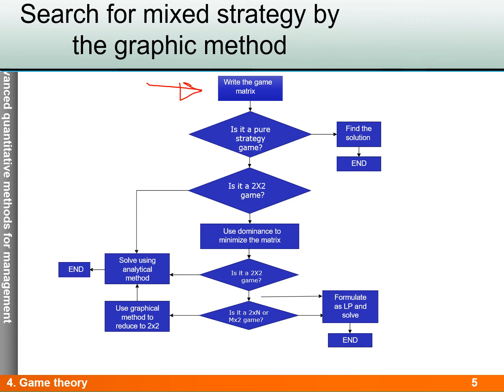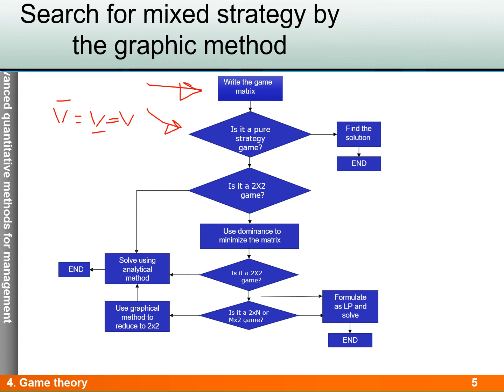So here we need to make a decision. Is it a pure strategy game? A pure strategy game means there is a saddle point, or I can say the minimax is equal to the maximin, equal to the value of the game. So learn these two items.